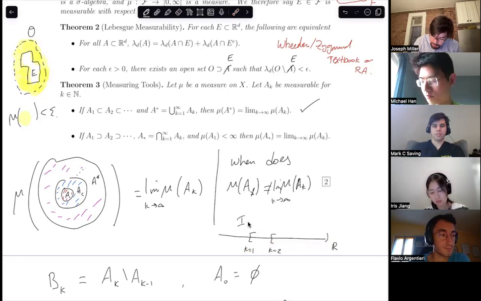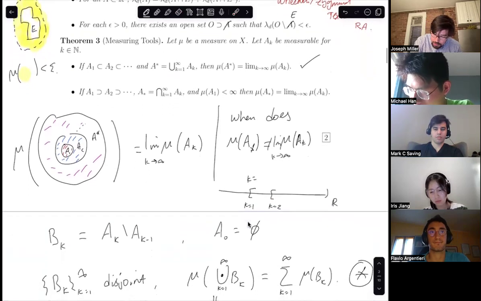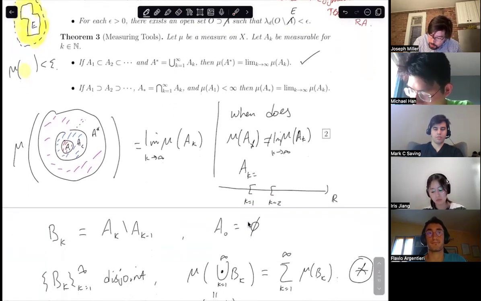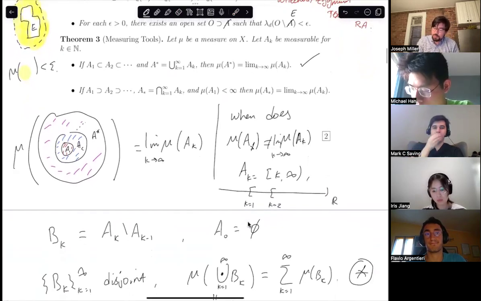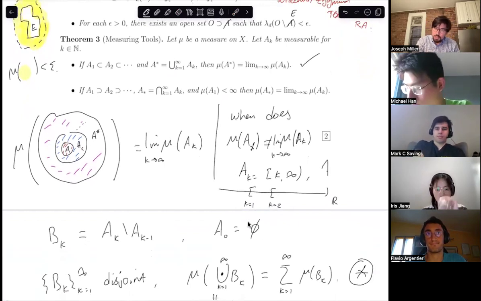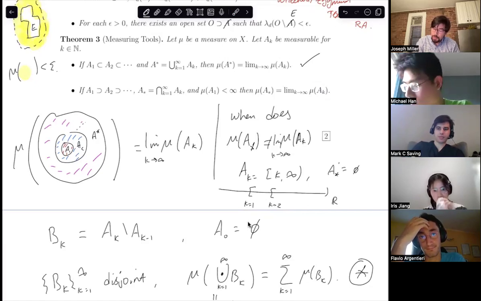So in general, if A_k is equal to k to infinity, and I'm looking at Lebesgue measure, then what is the limit? What is A star? The empty set, she said. Okay.